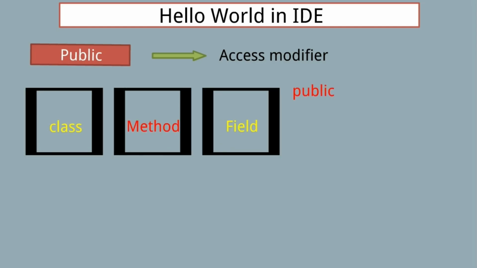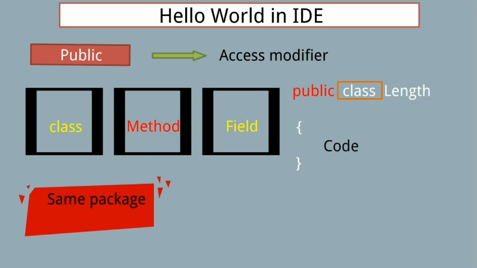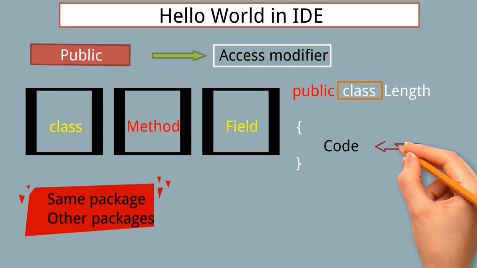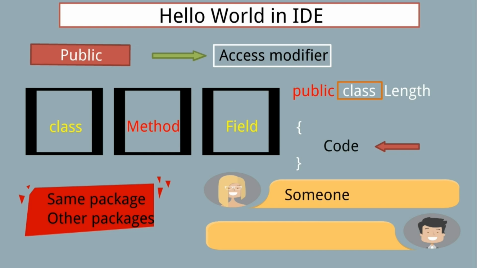When a class is declared with the public keyword, it means that the class can be accessed from anywhere in the code, whether within the same package or from other packages. Access modifiers help define which part of our code or someone else's code can access a particular element.